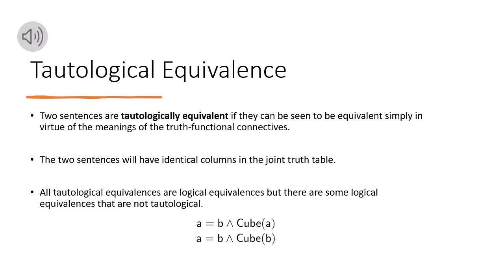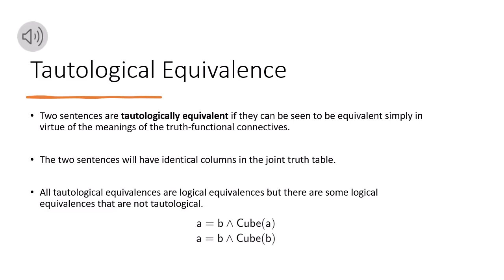And that's because, again, in a truth table, we don't really think much or consider the meaning of the underlying predicates in our atomic sentences. We simply list off all the possibilities, even if some of those possibilities are not logically possible. For instance, A equals B being true, with Cube A being true and Cube B being false.